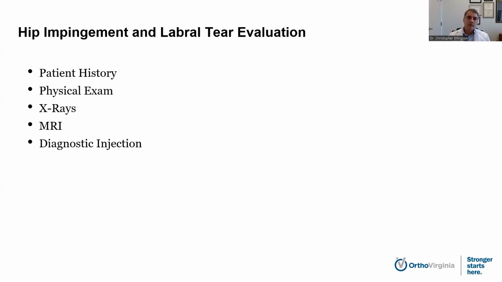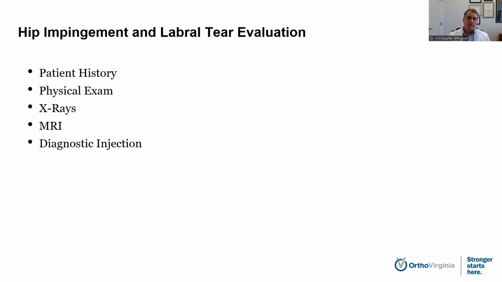The MRI is very useful, though, for evaluating the overall health of the cartilage within the joint and specifically the labrum to see if there's evidence of a labral tear within the hip joint. And then part of the workup may also be undergoing a diagnostic injection where we inject some numbing medication and maybe a little bit of some steroid into the hip joint itself to see what kind of a response the patient may have with that injection.